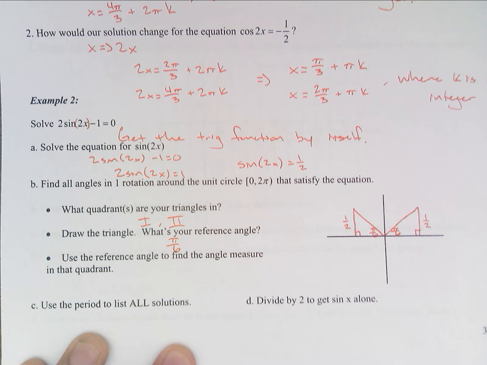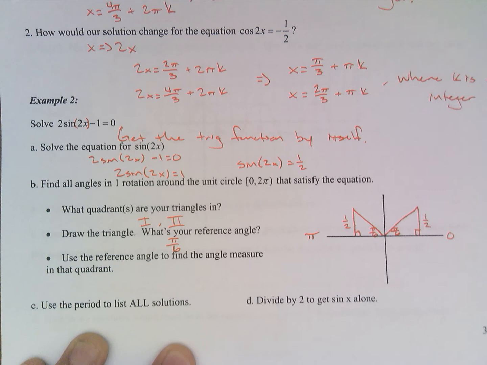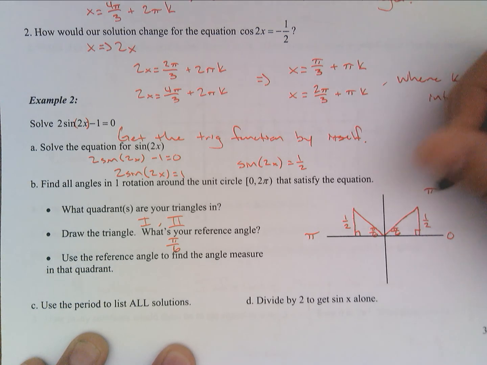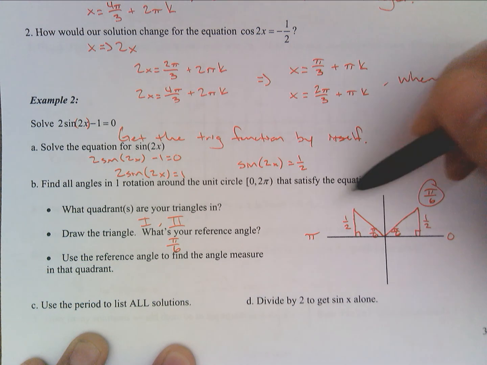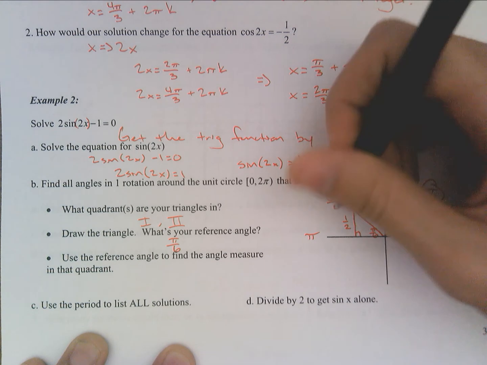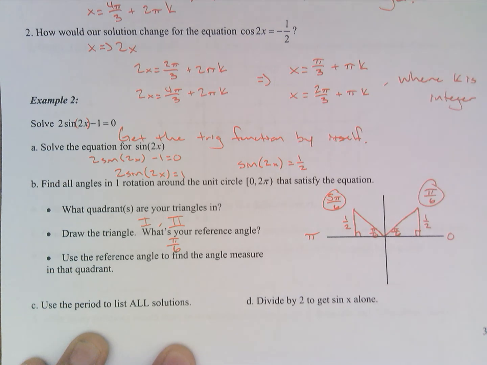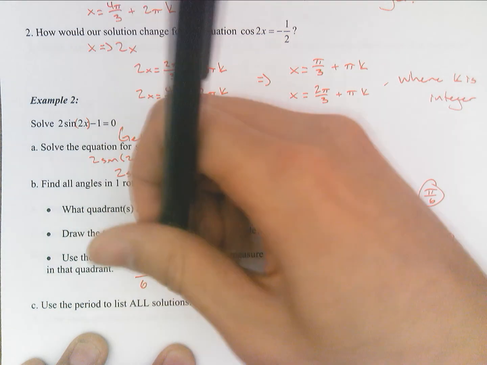And then to find these angle measures, our x-axis is at 0 radians and pi radians. So this first angle would just be 0 plus pi/6 or pi/6. And then our second angle would be pi minus pi/6, which is 5 pi/6. So our two solutions in the first rotation are pi/6 and 5 pi/6.